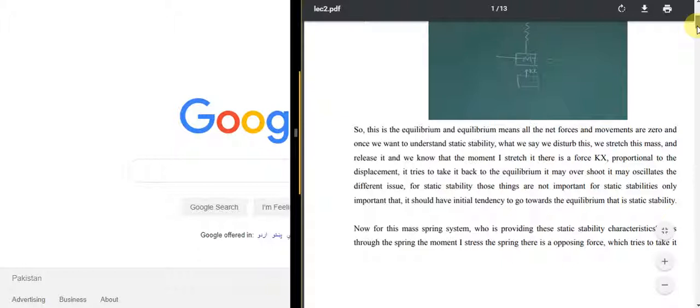The moment I stretch it, there is a force kx proportional to the displacement. It tries to take it back to the equilibrium. It may overshoot, it may oscillate. Those are different issues; for static stability, those things are not important. For static stability, it is only important that it should have the initial tendency to go towards the equilibrium. That is static stability.